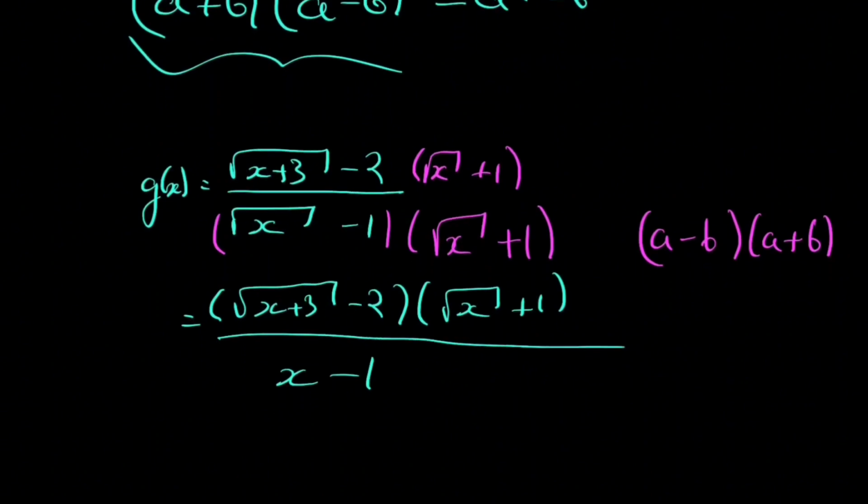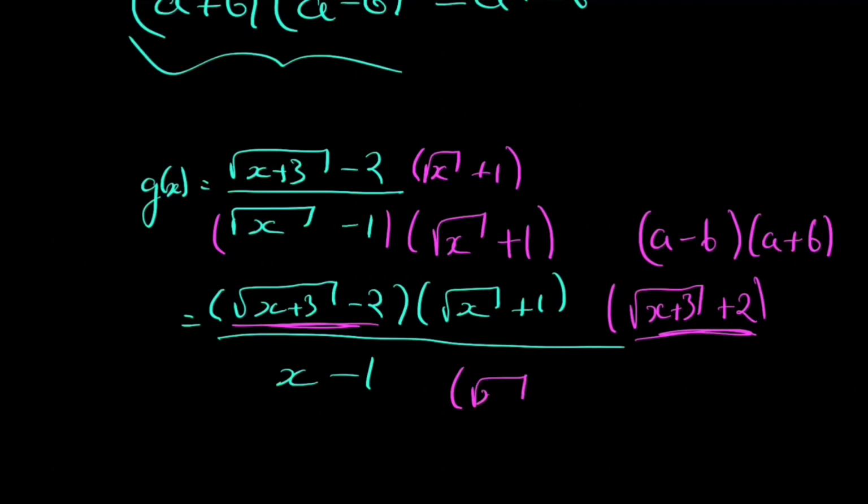Okay, so now let's do the same thing with the top, multiplying by square root of x plus 3 plus 2. So here we have our a minus b times a plus b. And at the bottom as well, square root of x plus 3 plus 2.